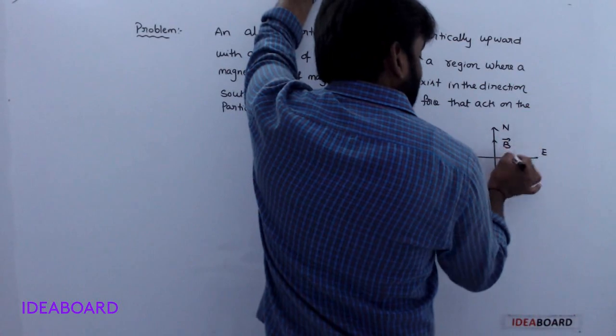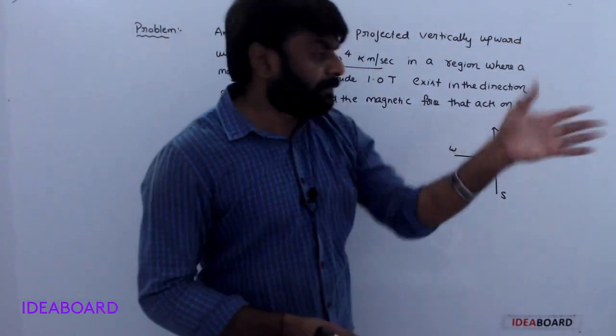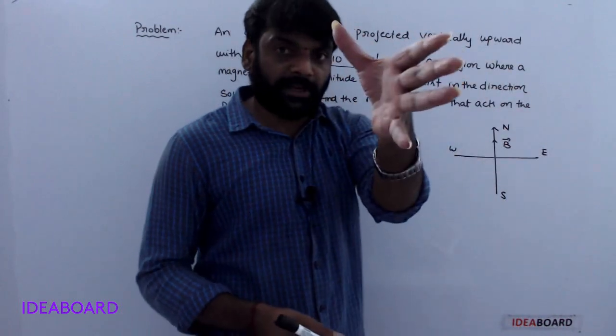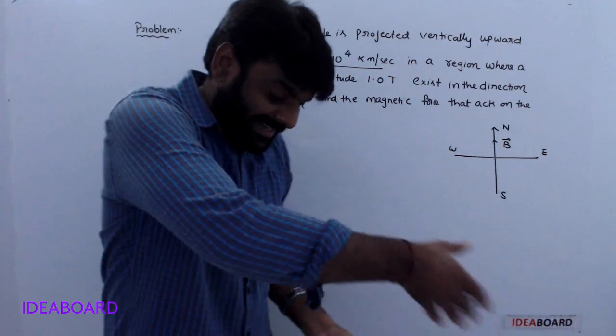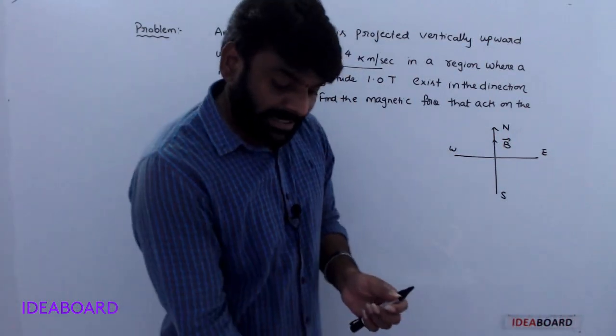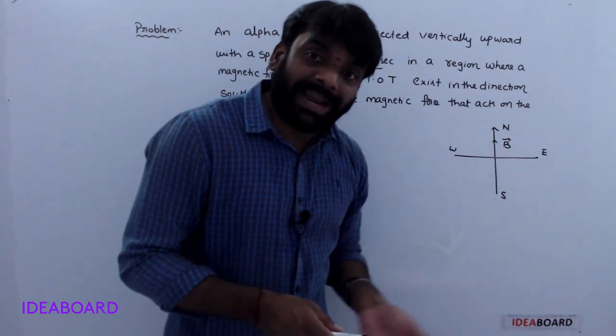B bar exists in this direction. Now the particle is projected perpendicular. Particle projected vertically upward means that it is perpendicular to the magnetic field.